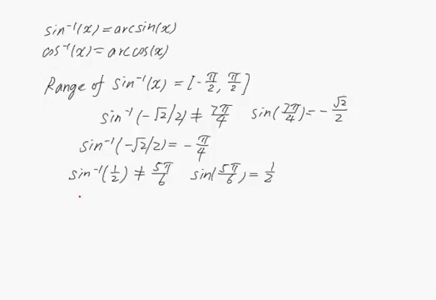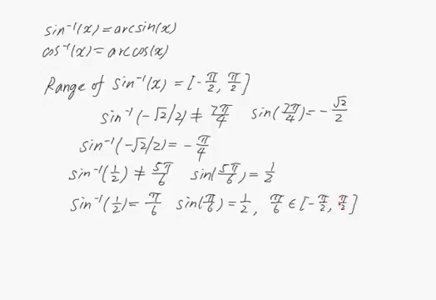So the right answer: the inverse sine of 1/2 is equal to pi over 6, because the sine of pi over 6 is equal to 1/2, and also pi over 6 belongs to this interval from negative half pi to half pi.